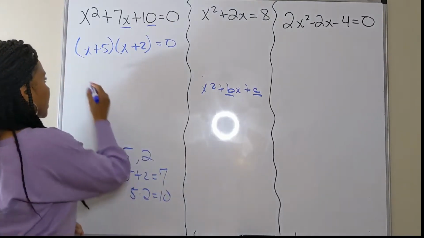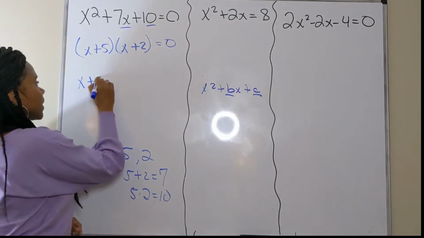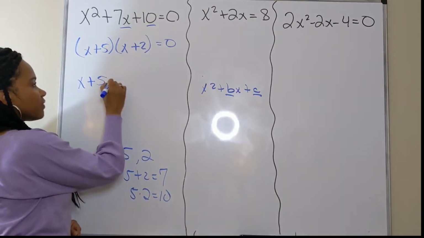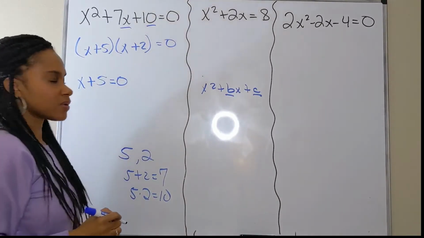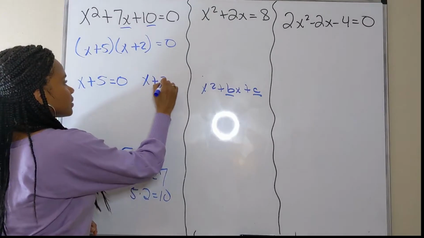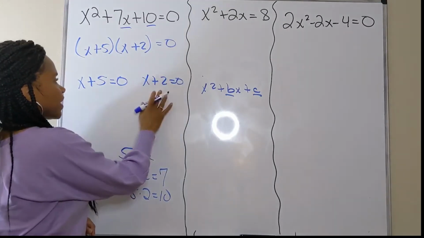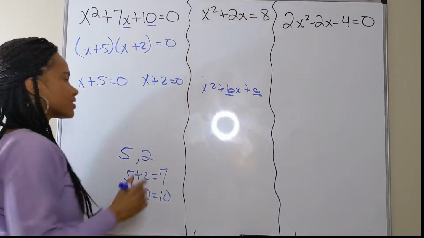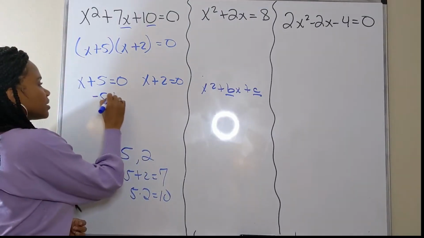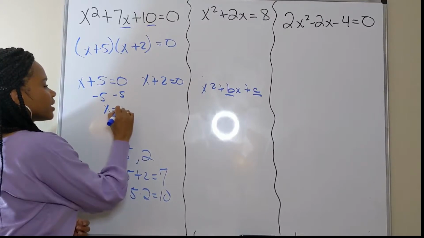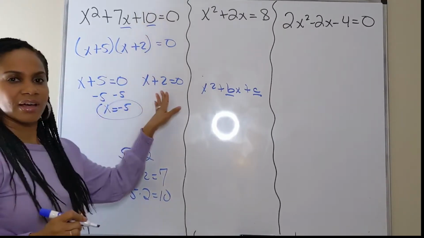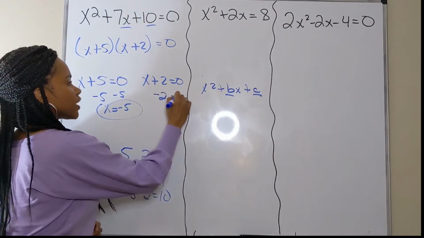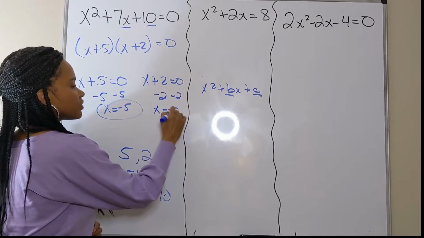What I do is set each binomial equal to 0: x plus 5 and x plus 2. And then I just solve. One-step equation, subtract 5, x is negative 5. Another one-step equation, subtract 2, x is negative 2.